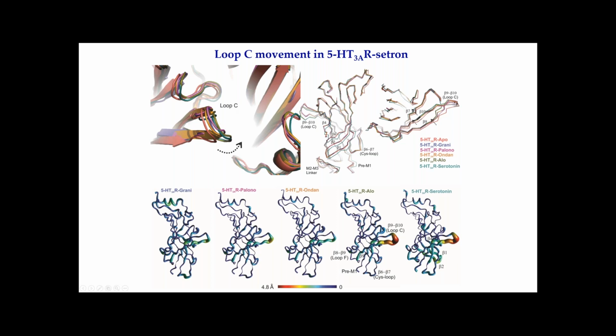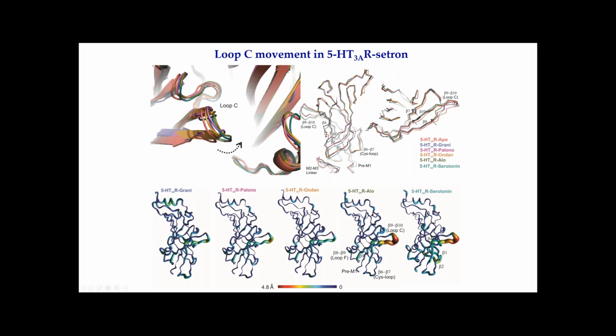And in addition to that, each of the cetron molecules evokes a certain conformational change that appears to be along the same path as the serotonin activation, suggesting that you have a resting state and you have an activated state, and the cetrons seem to be stabilizing intermediate states along the way.